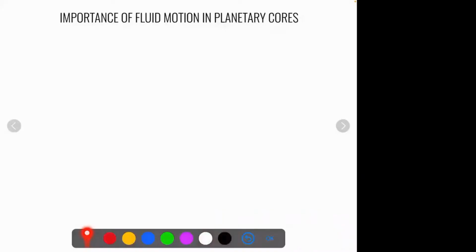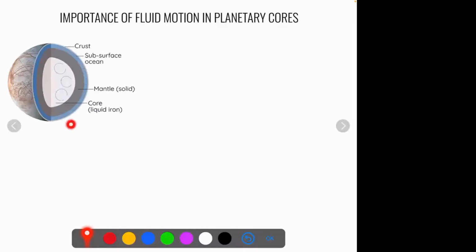The motivation for my work is trying to understand and describe the flows in planetary cores. Planetary cores are those envelopes that you find deep inside rocky planets. It's an ocean made of liquid iron, which is an electrically conducting fluid, and it can be stirred by motion, which can be created in two ways.